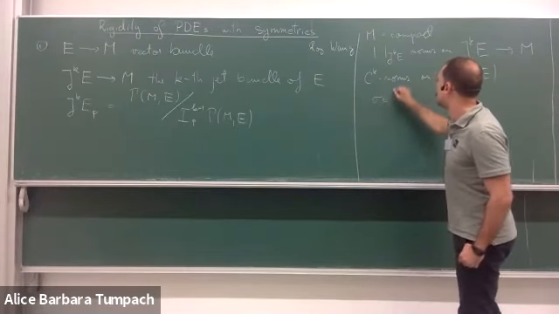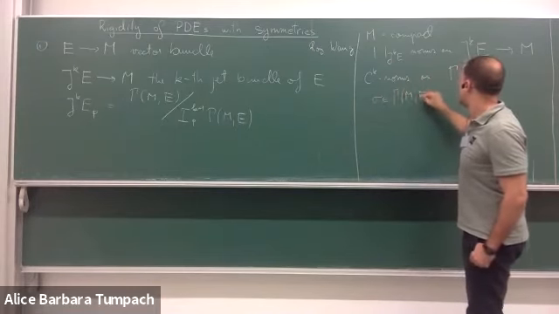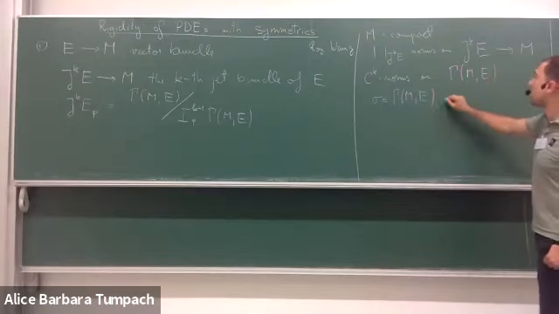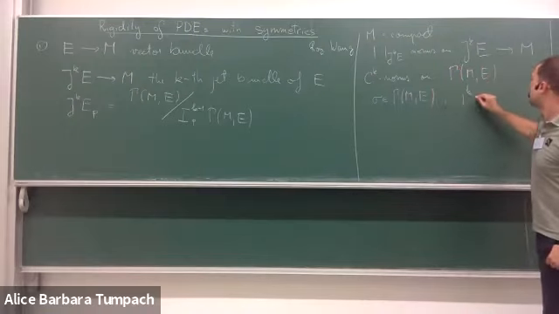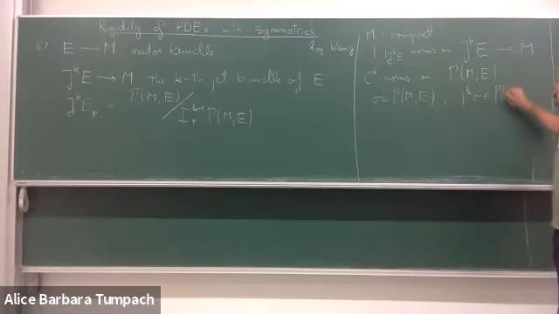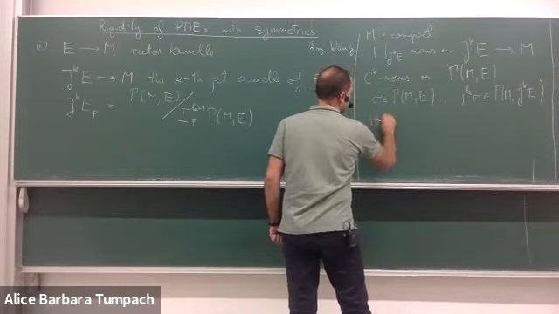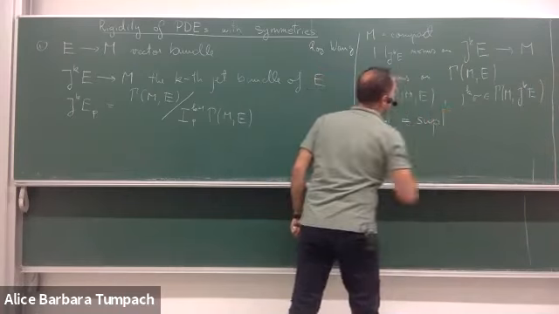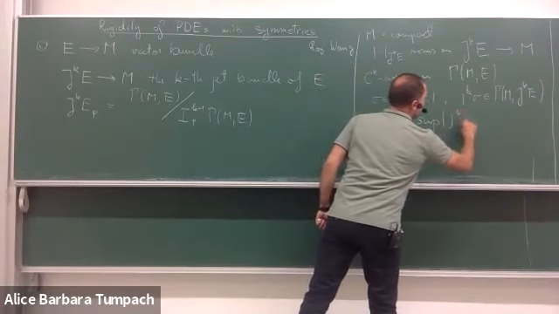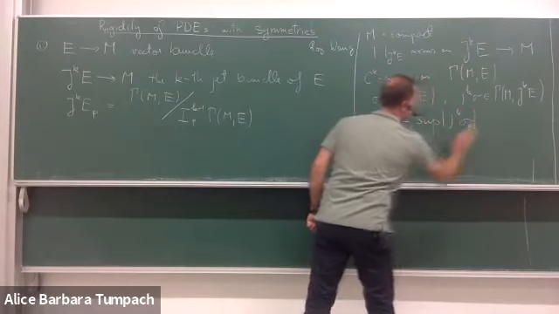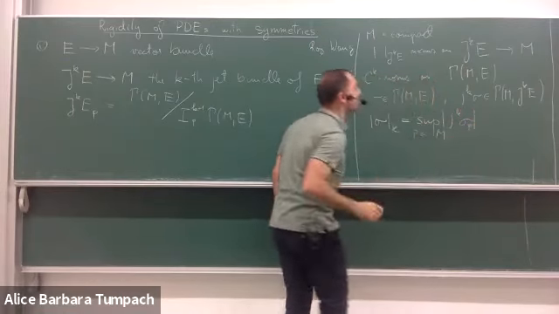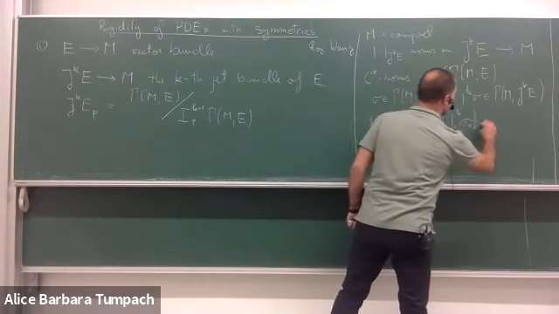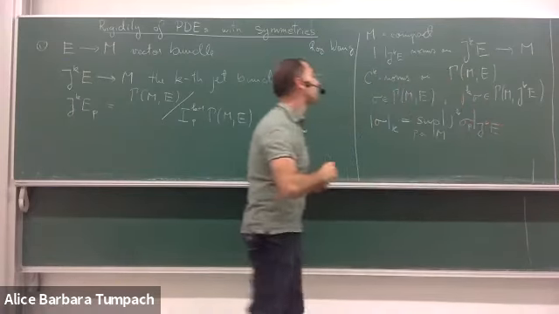So if sigma is a section of E over M, then its k-th jet, j^k sigma, will be a section of the k-th jet bundle. You define the norm of sigma, the k-norm, as the supremum norm of all these j^k sigma at the point p, so you take the supremum over M, with respect to the norms g_k.